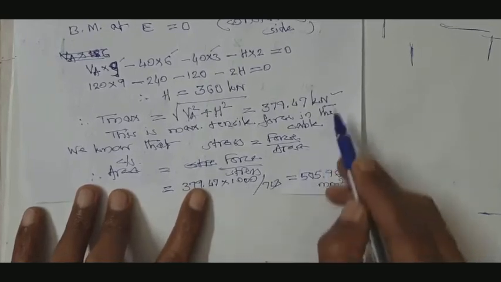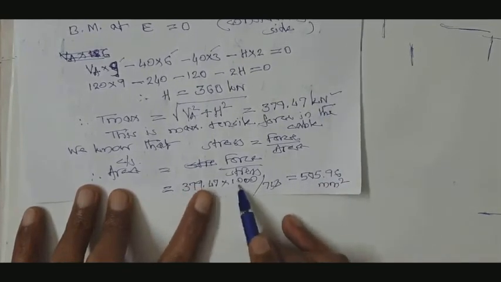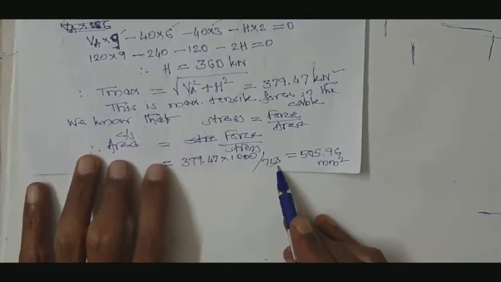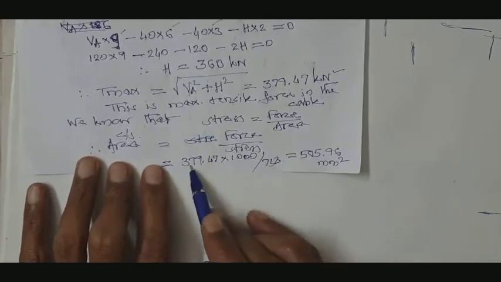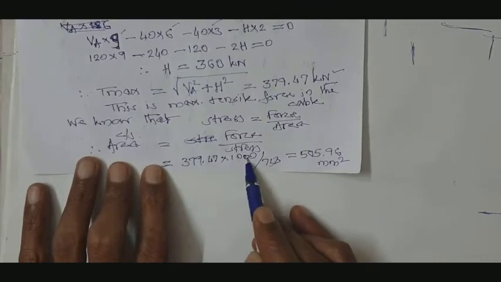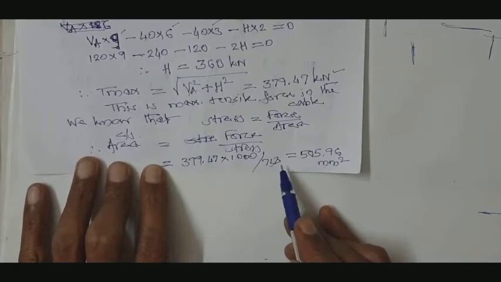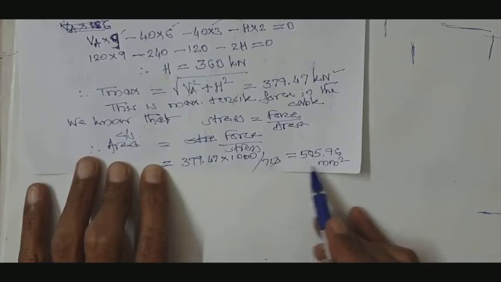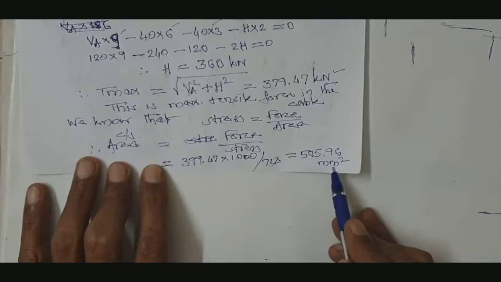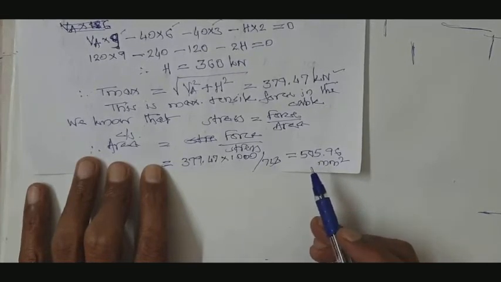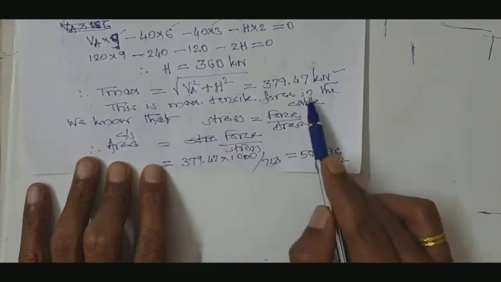Because it is kilonewton, you convert it into Newton by multiplying by 1000, because the stress given is in Newton per mm square, and divide by the limiting stress, 750. This gives you 505.96 mm square. So the cross-sectional area of the cable required to resist this force is 505.96 mm square.